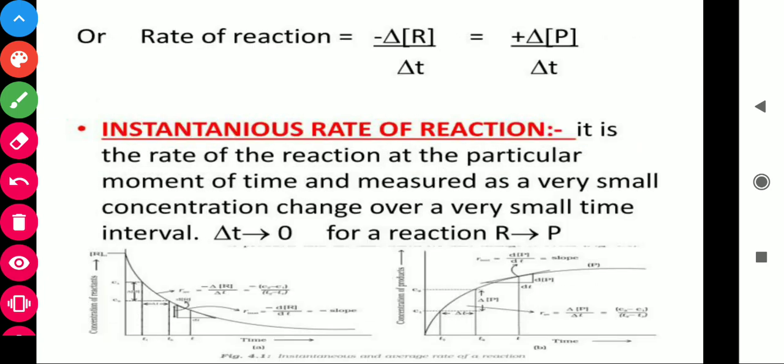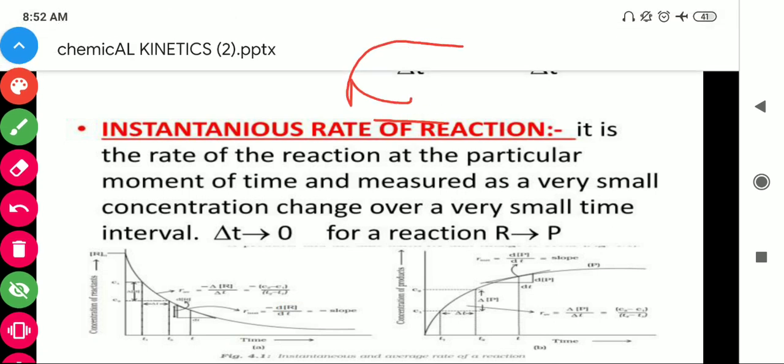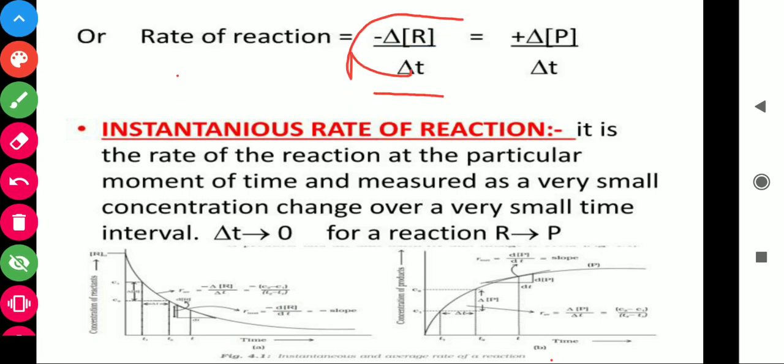Next, if we write average rate of reaction, it means the rate of reaction where the time interval is large. We keep delta, and here we keep the negative sign. Why? Because the concentration of reactant always decreases.